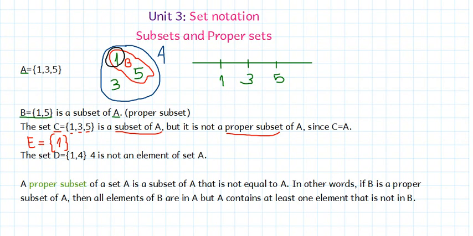This is another set. And in this case, I can write that this is a proper subset, because all the elements of E are in A, but A contains at least, en este caso contiene 2 elementos más que no están en el conjunto E. Okay?